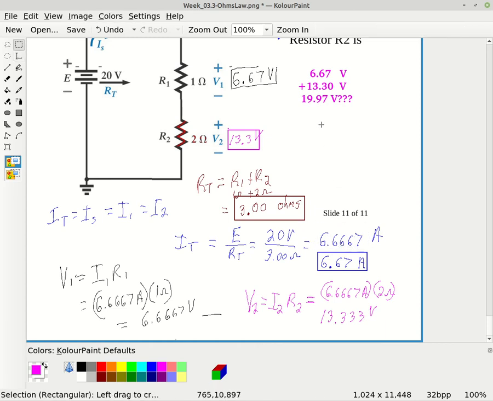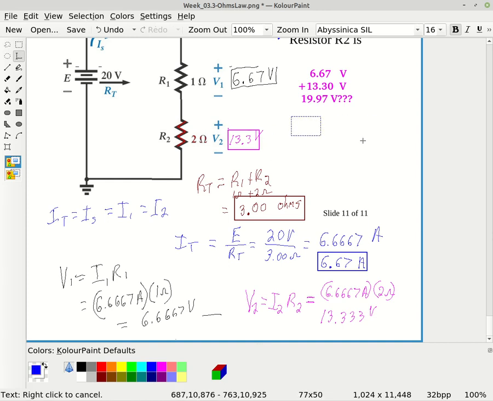out to 5 digits. Now if we take this out to 5 digits, so we use 6.6667 volts, and then we add to that 13.333 volts, taking both of these out to 5 digits, not decimal places but digits.